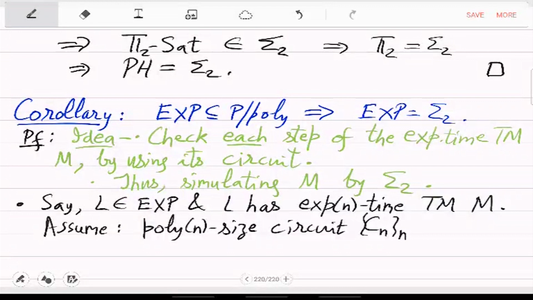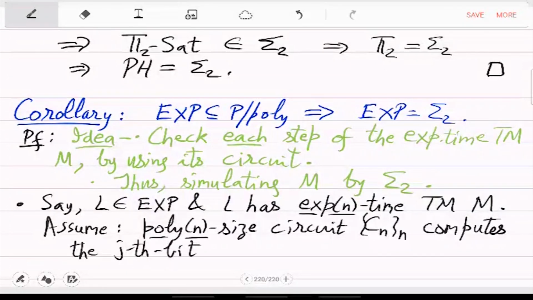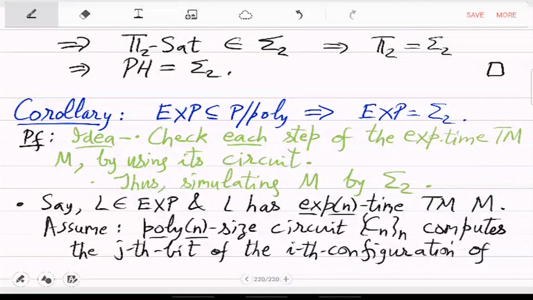This circuit family Cn, having polynomial size, computes the jth bit of the ith configuration of M running on X. Okay, so this is implied by L in P/poly.